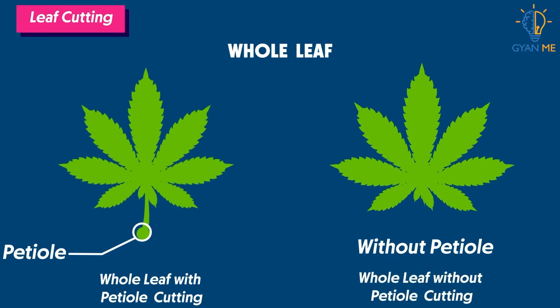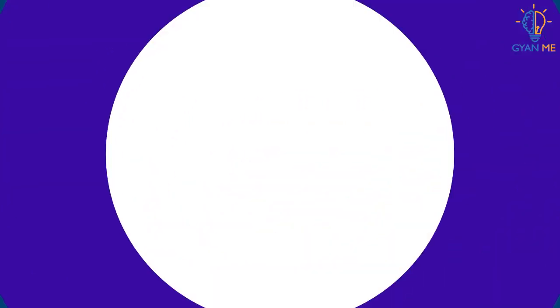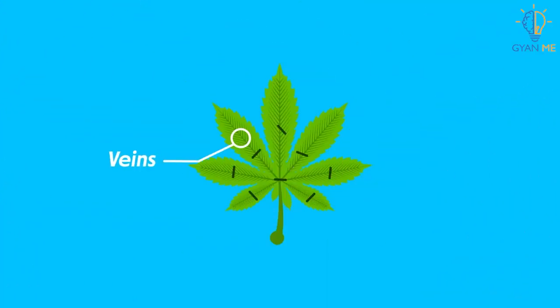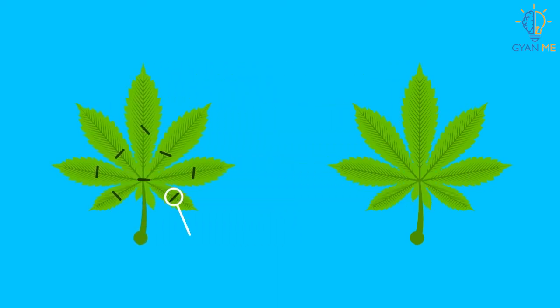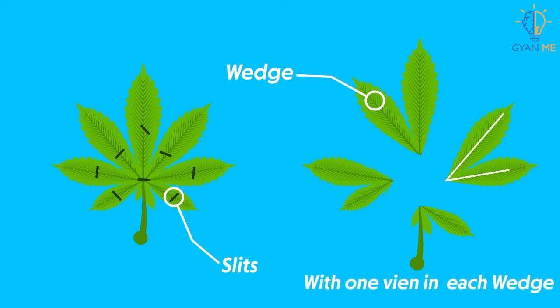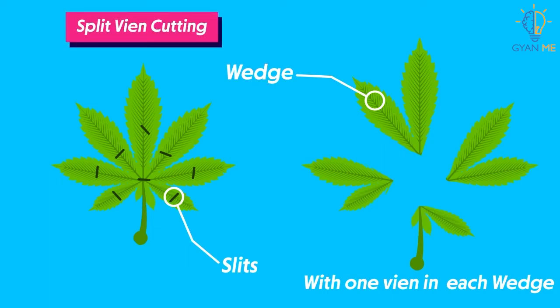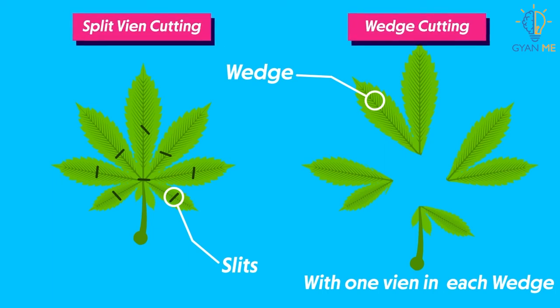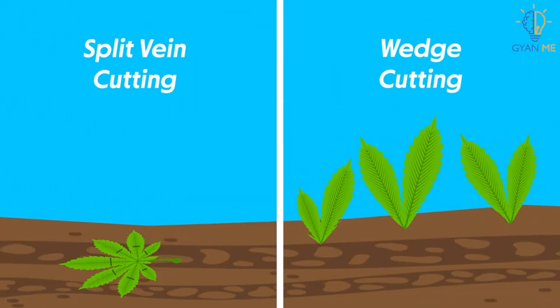Or instead of taking intact leaves, their veins on the lower surface are slit open, or the whole leaf is cut into wedges with at least one vein in each wedge, and thus each is respectively called split vein cutting or wedge cuttings. They are then placed horizontally on some nutritive medium or moist soil. And when roots and shoots appear, cuttings are planted in the soil if they are in the medium, from which a new plant will grow.